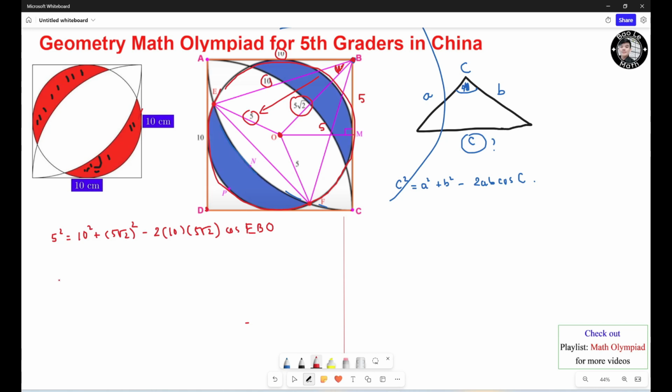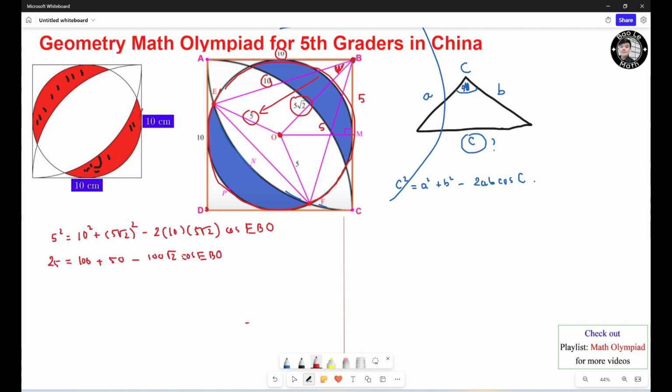Let's simplify: 5 squared equals 25, this is 100, (5 root 2) squared is 50, and minus 2 times 10 times 5 root 2 gives 100 root 2 cosine EBO.